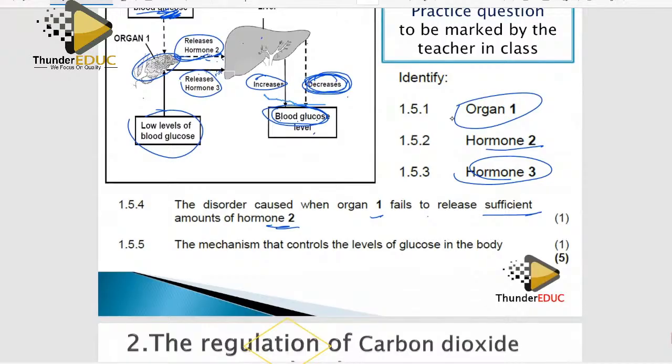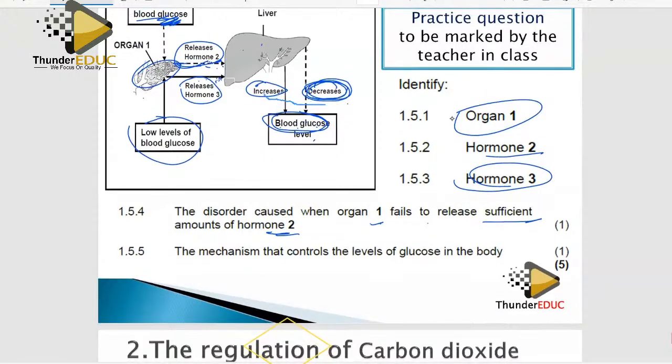Isn't it diabetes? Diabetes mellitus. Yes. Please don't just stop at diabetes. It's diabetes mellitus. Yes, thank you so much.